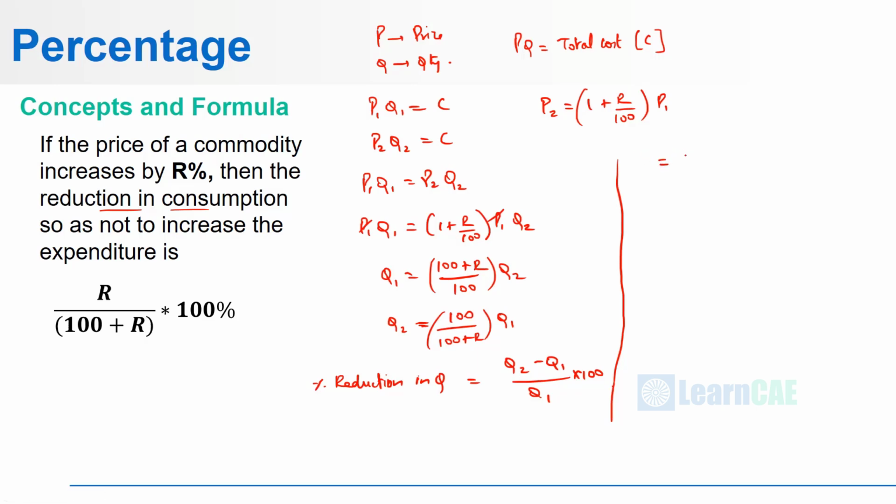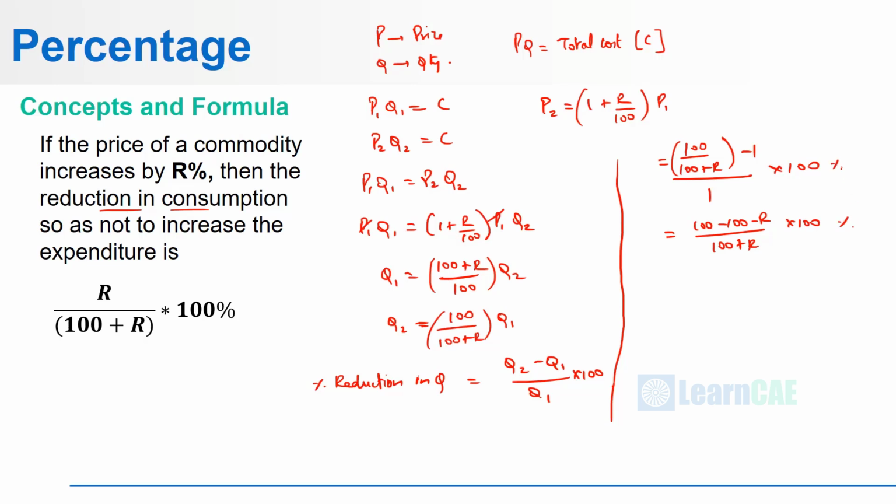Q2 is equal to 100 by (100 plus R) times Q1, minus 1, because we can cancel Q1 throughout, into 100. So therefore this will be equal to (100 minus 100 minus R) divided by (100 plus R), into 100.